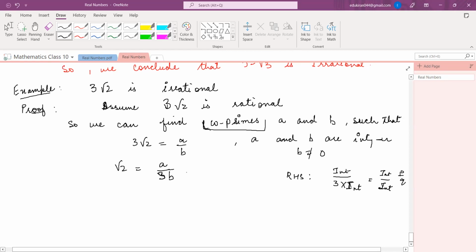So that means your right hand side is a rational number, since A and B are integers. So RHS is rational.